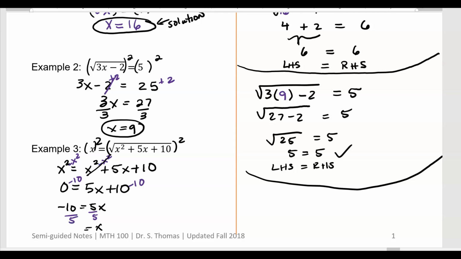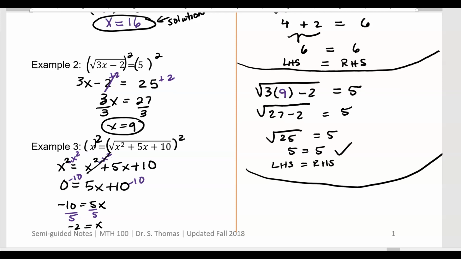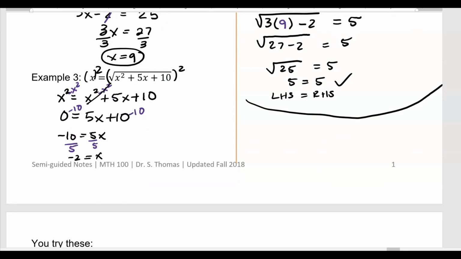x equals negative 2. Now we have to check to see if that's in fact the right answer. So the original was x, and we're saying it's negative 2. So here it will be negative 2, and that's going to be squared, plus 5 times negative 2, and then plus 10 on the end.